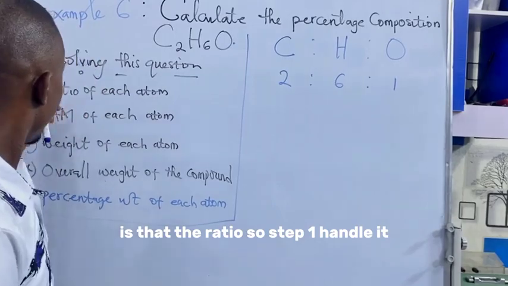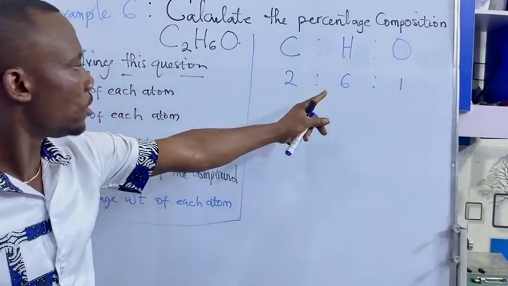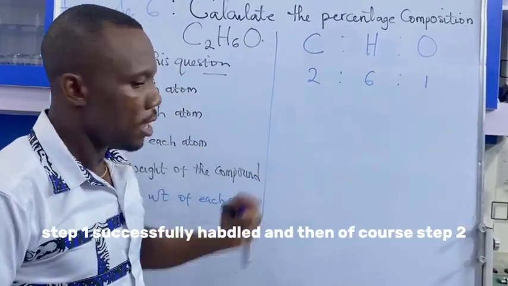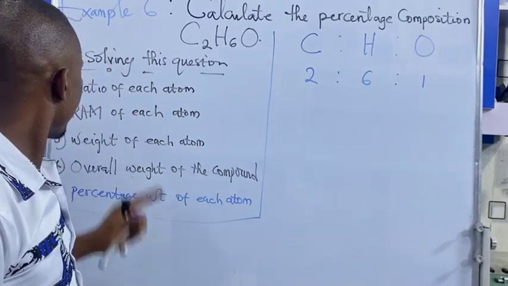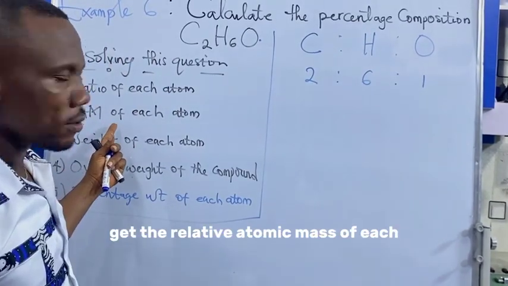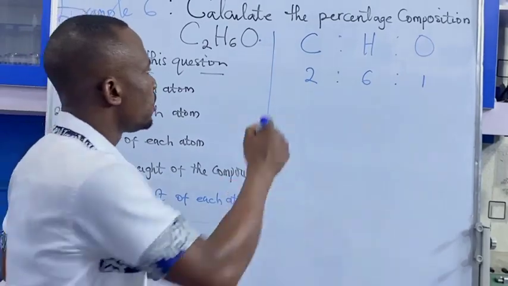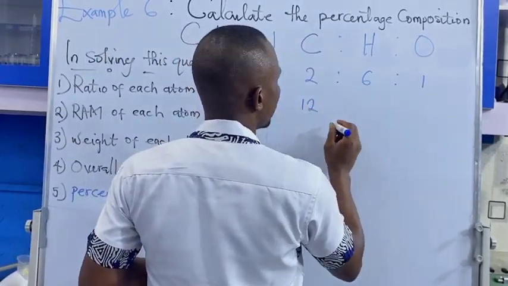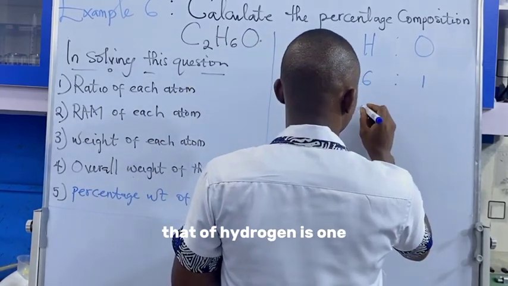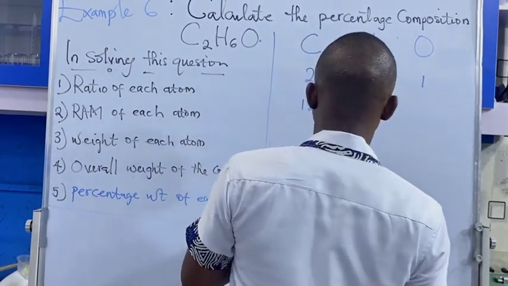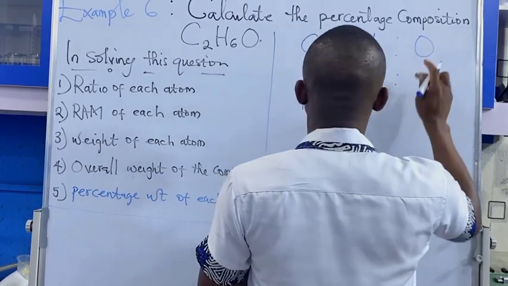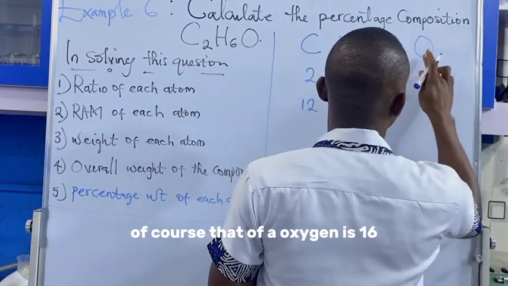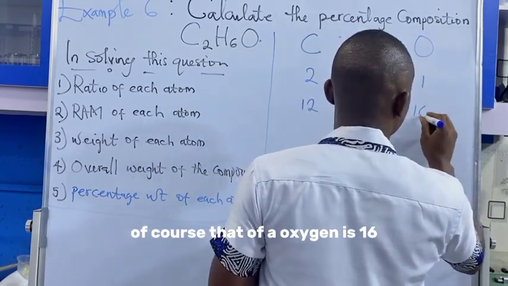So step 1, successfully handled. And then step 2, get the relative atomic mass of each. Relative atomic mass of carbon is 12. That of hydrogen is 1. Of course, that of oxygen is 16.